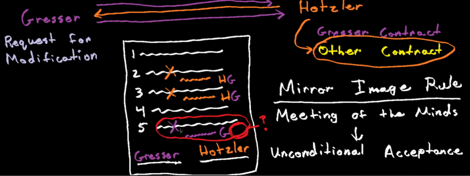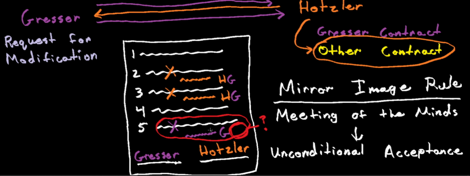He had unconditionally accepted the contract that Hotzler had sent back to him with these changes. And this final change that Gresser made was just a request for modification that did not affect what Gresser said was an unconditional acceptance of Hotzler's proposal. So Gresser argued that he accepted the contract as amended by Hotzler, and that this final revision was just a request for modification.